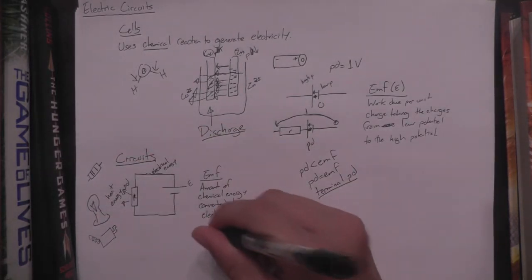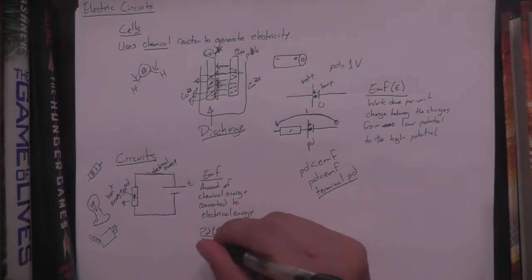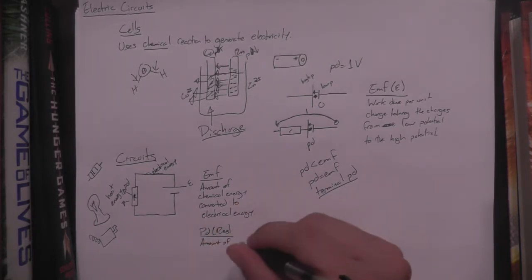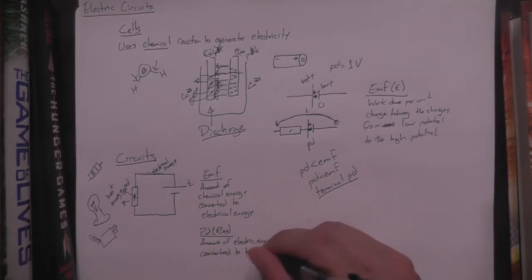So the potential difference of the resistor is going to be the amount of electric energy converted to, for simple purposes, heat energy.